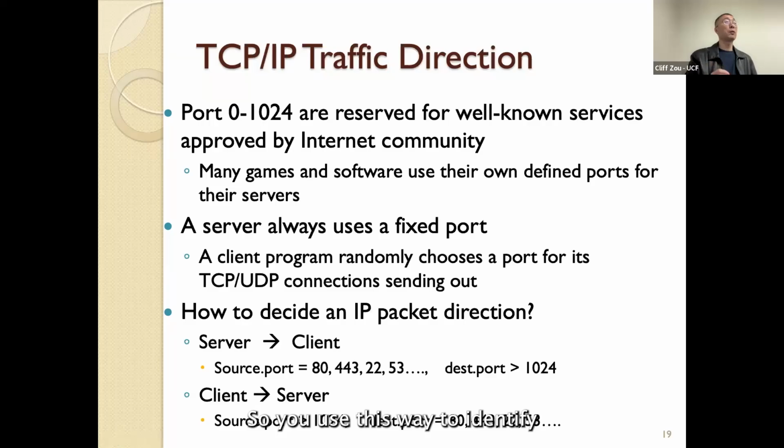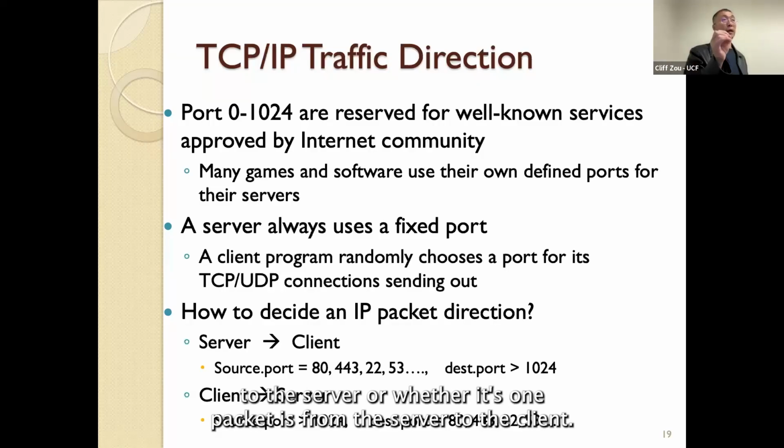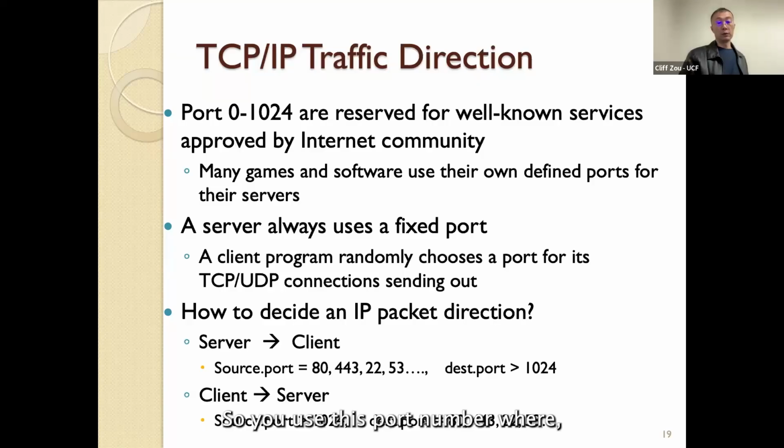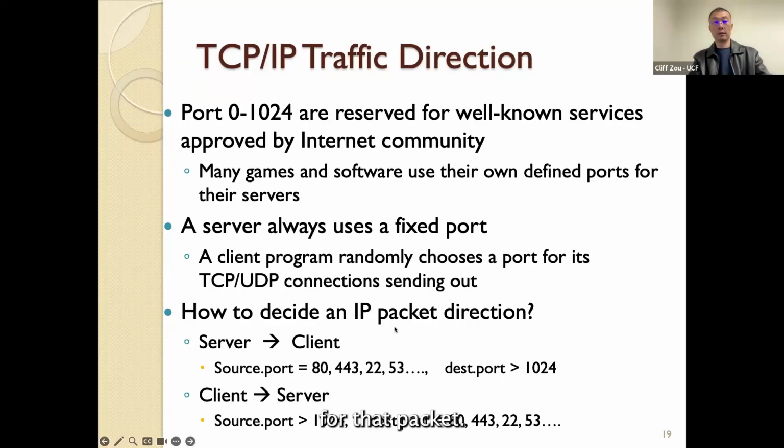So you use this way to identify the direction for this packet, whether it is from the client to the server or from the server to the client. You use the location of this port number to identify the direction of that packet.